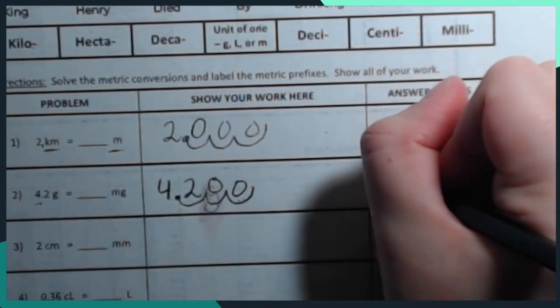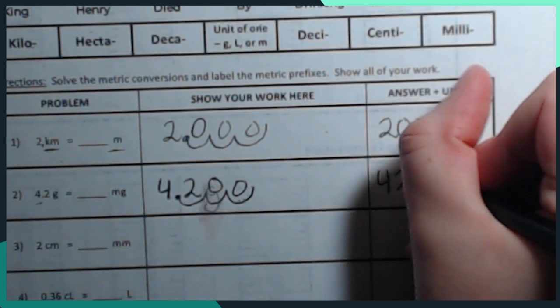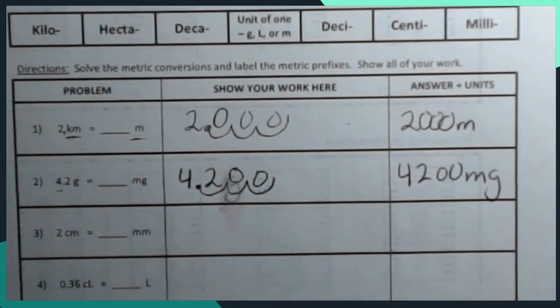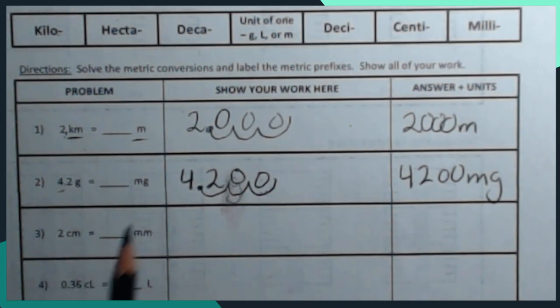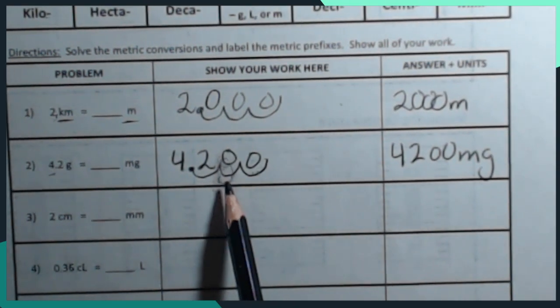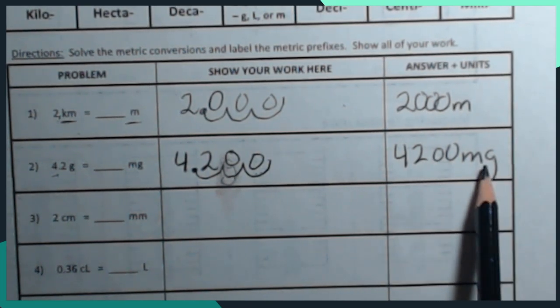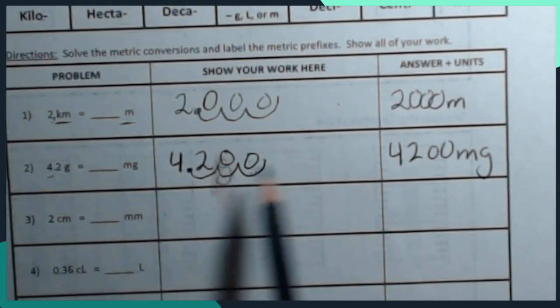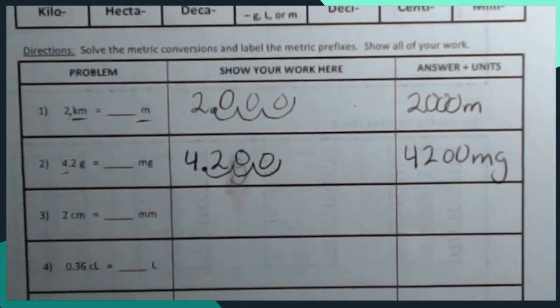So our answer is going to be 4,200 milligrams. Okay? We went from something big to small. You have to show your work in order to receive the credit, and you have to have your answer plus your units. The unit answer is already there for you, you just have to translate it over there, okay?